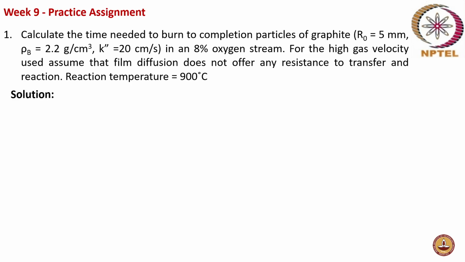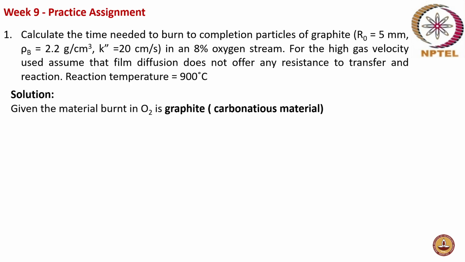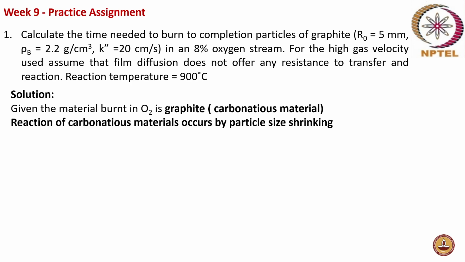So how do we approach this problem? Given the material burnt in oxygen is graphite, which is nothing but a carbonaceous material, and reaction of carbonaceous materials occurs by particle size shrinking.